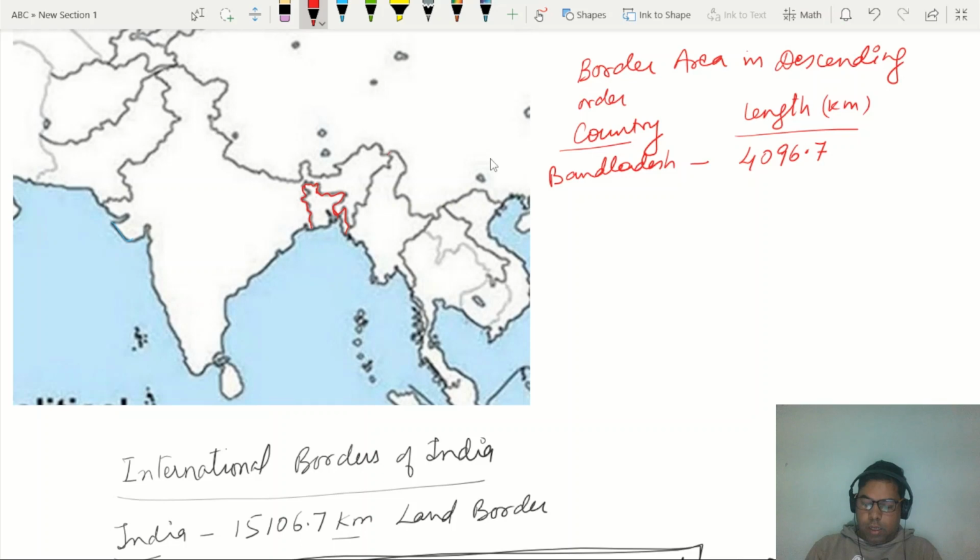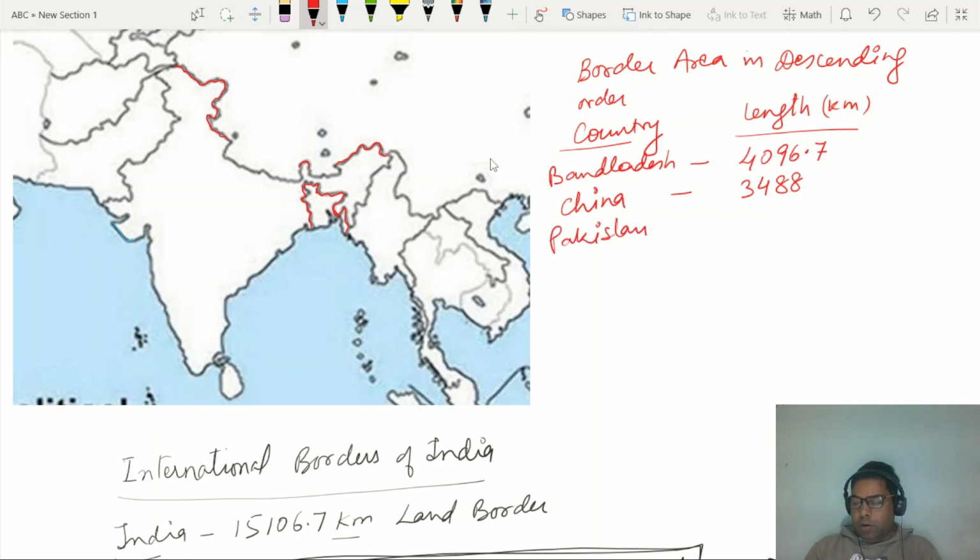This whole area comes with China. This is the Sikkim part, this is Uttarakhand, Ladakh region, and Himachal Pradesh. They have the border with China. State-wise division we will take in the next part. It is 3488 kilometers.